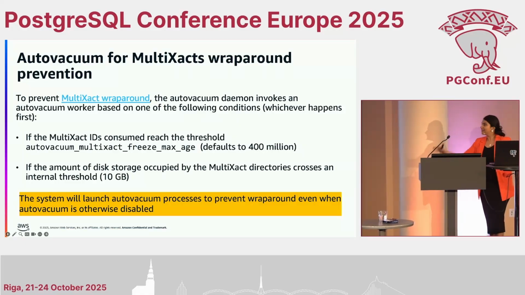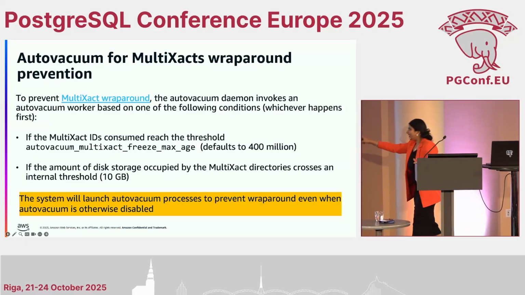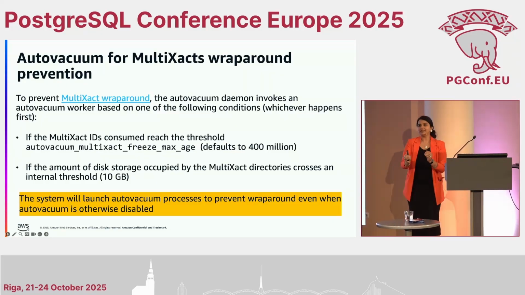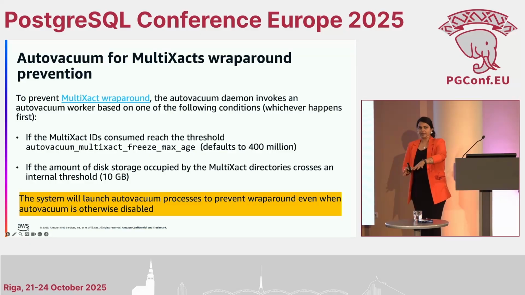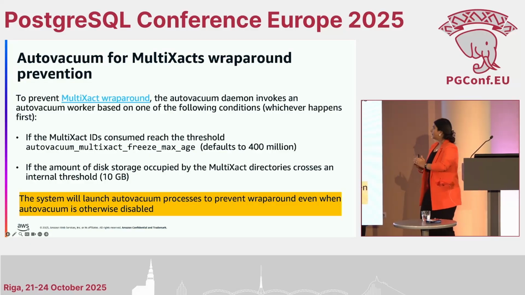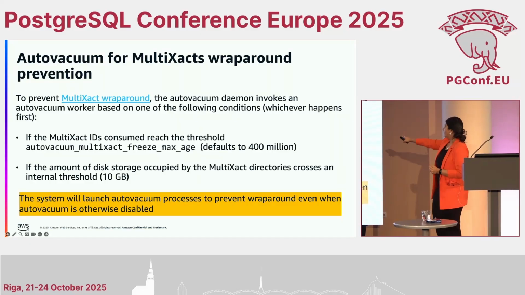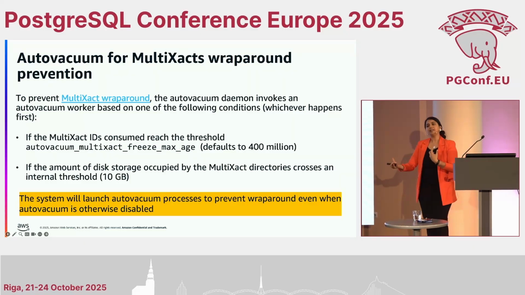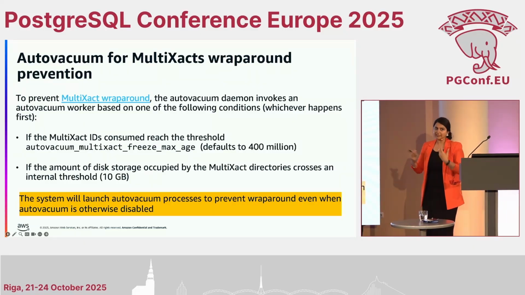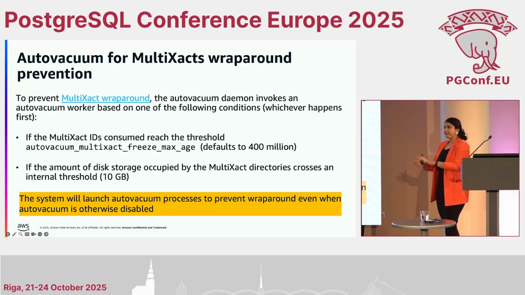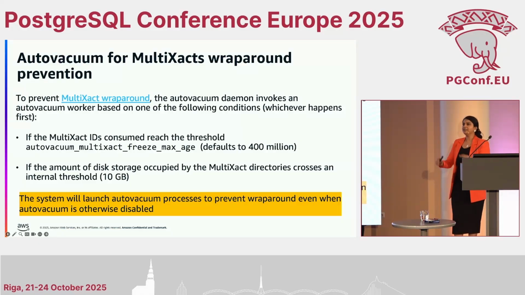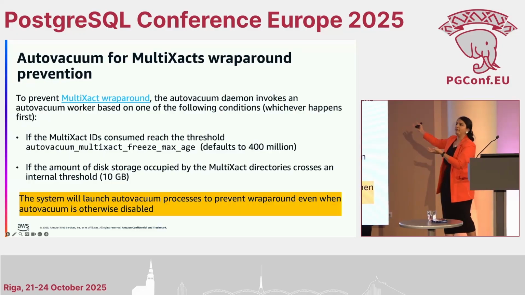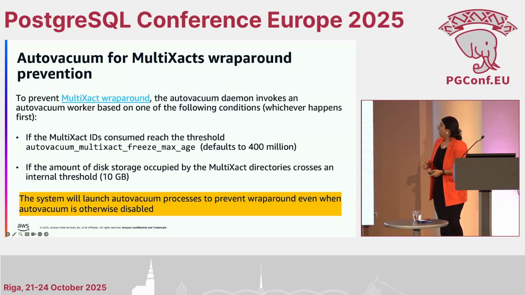For MultiXacts, autovacuum_multixact_freeze_max_age is set to 400 million, which means auto vacuum will trigger as soon as you have consumed 400 million MultiXact IDs, and it will trigger an aggressive vacuum to freeze those. So it's a similar concept. The threshold and the value are different: 400 million rather than 200 million.